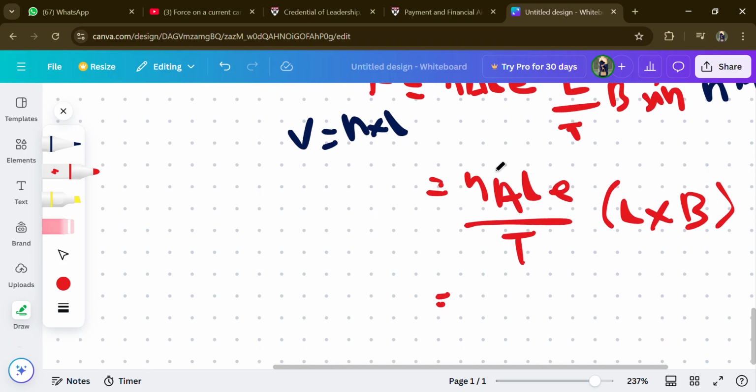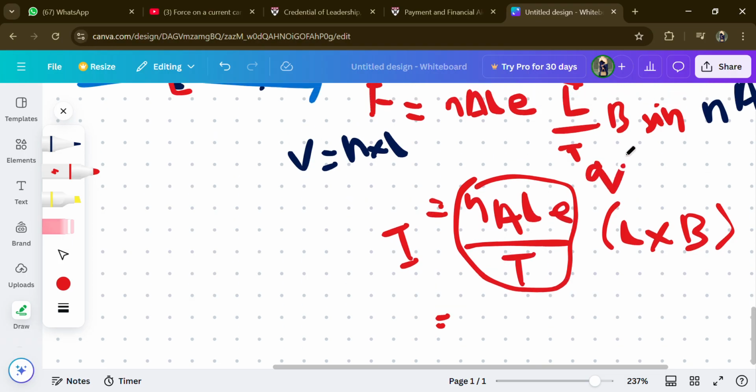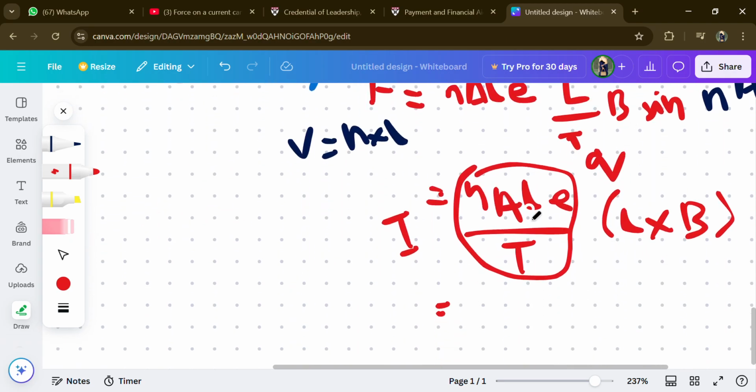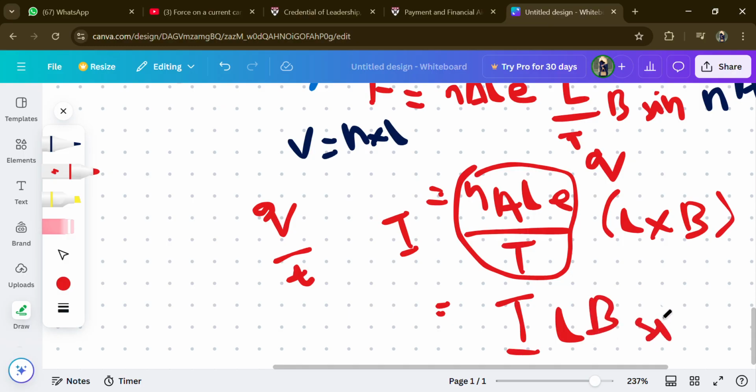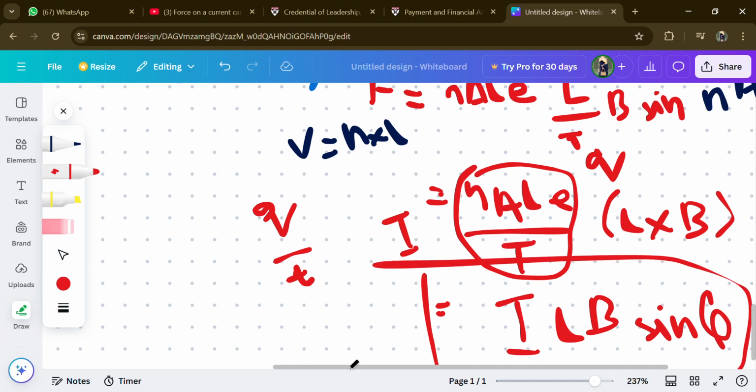Now here we can consider this whole term as I, since the number of electrons, area, and length show us the circumstance of Q. So Q upon T, as I've told you before, is equal to I. So we can directly write I into L and B sine theta. This is how we find out the force acting on the current carrying conductor.